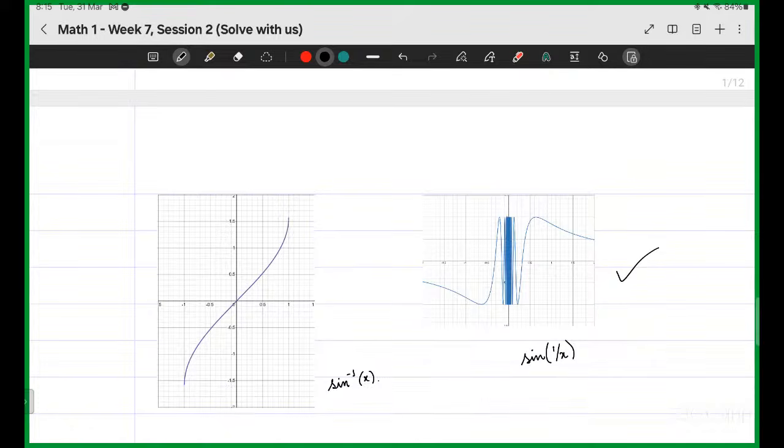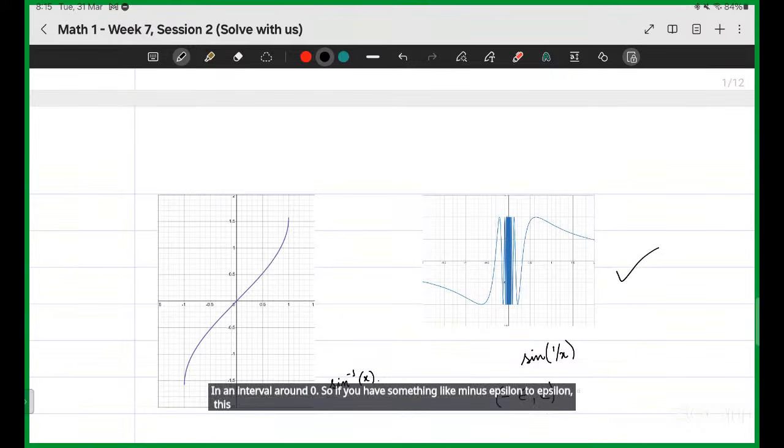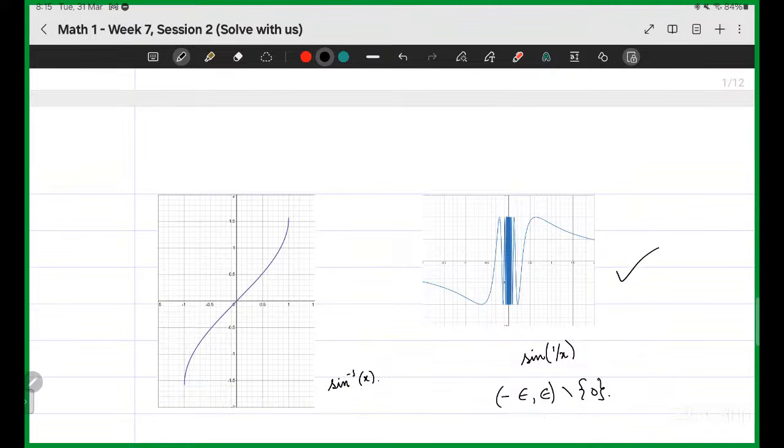Sir, at 0, how is it behaving, the graph of this? The graph of what? This sine of 1 by x. In a neighborhood of 0, we can talk about it, right? In an interval around 0. If you have something like minus epsilon to epsilon, this interval minus 0, you will see that there are infinitely many full oscillations of the sine wave that are contained in that.